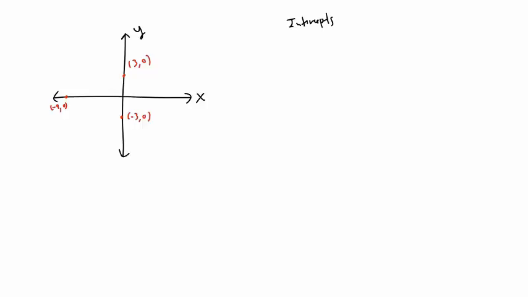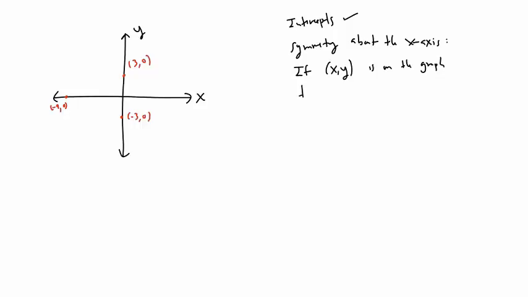We know that it has symmetry about the x-axis. So whenever x comma y is on the graph, then x comma minus y will be as well.